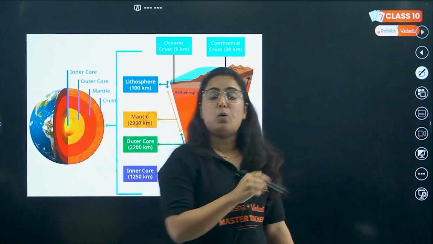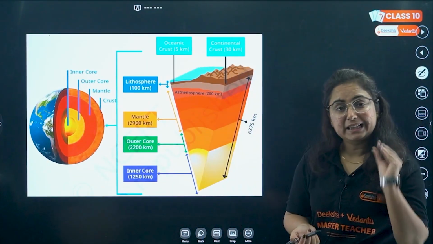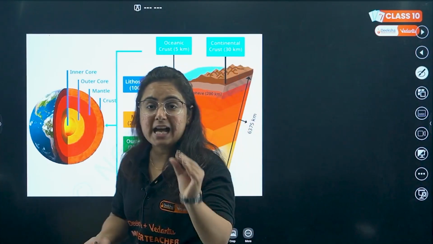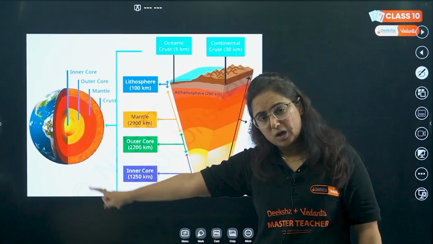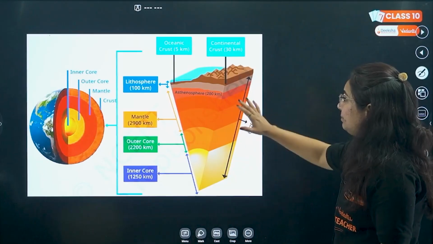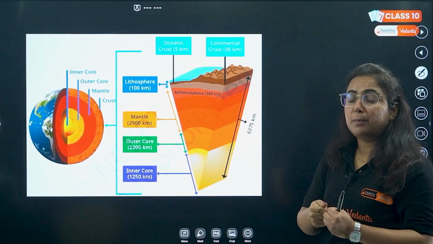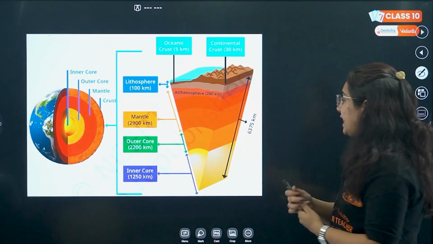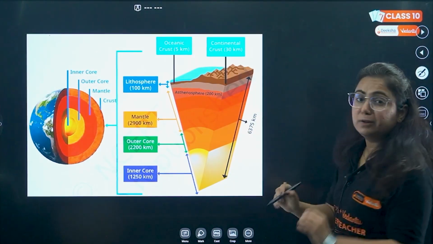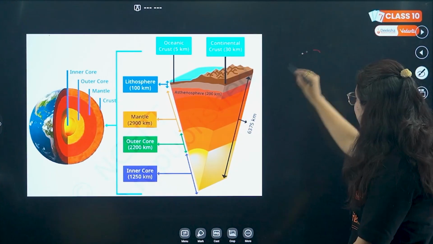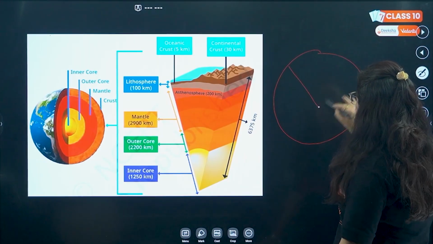So whenever the question comes to explain the interiors of the earth with the help of a diagram, this is the exact diagram you can draw. Or one more which can be helpful to give a more visual orientation will be this one. What we are doing, in the form of a slice of pizza, is considering only this part of the earth.